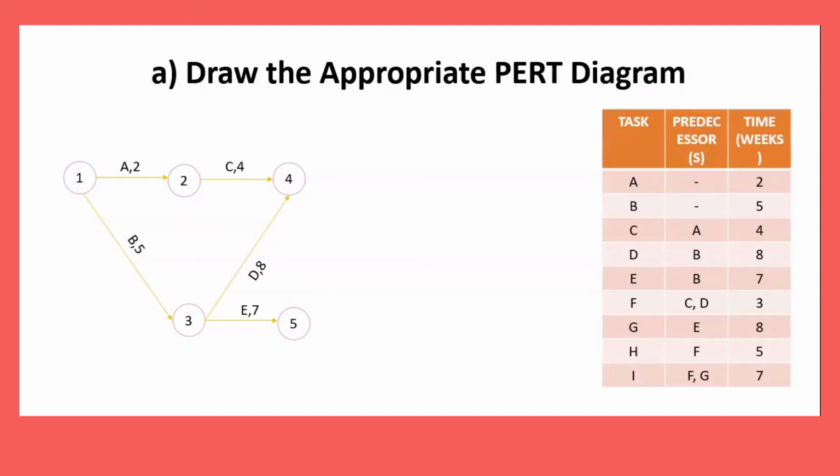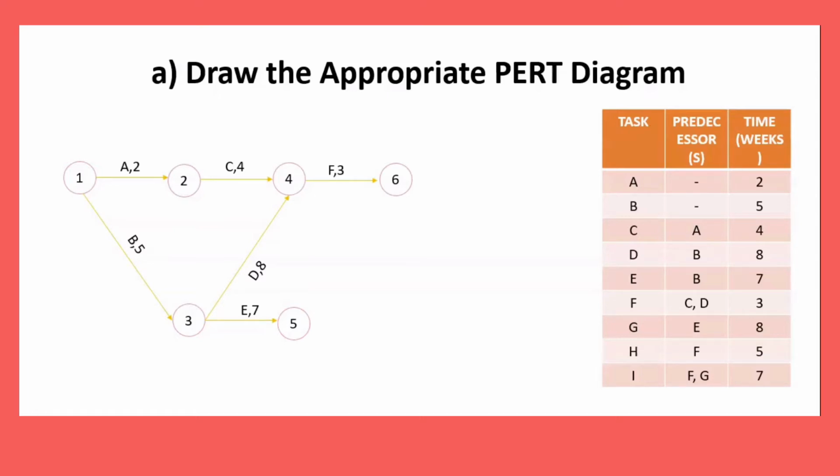Next is F. F is from C and D. C and D are also available, so we end C and D at node number 4 and start F, duration time 3.